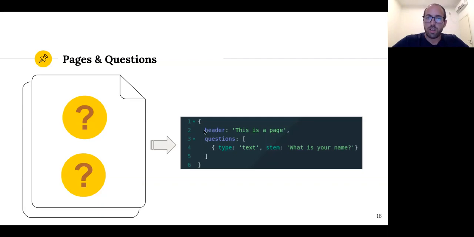If you remember, when we talked about the JavaScript types, we said an object was delimited by these curly brackets, and it's built of keys and values. In this case, the first key, header, defines the header for the page, and the key questions holds an array of specific questions, and the questions themselves are also defined as objects.